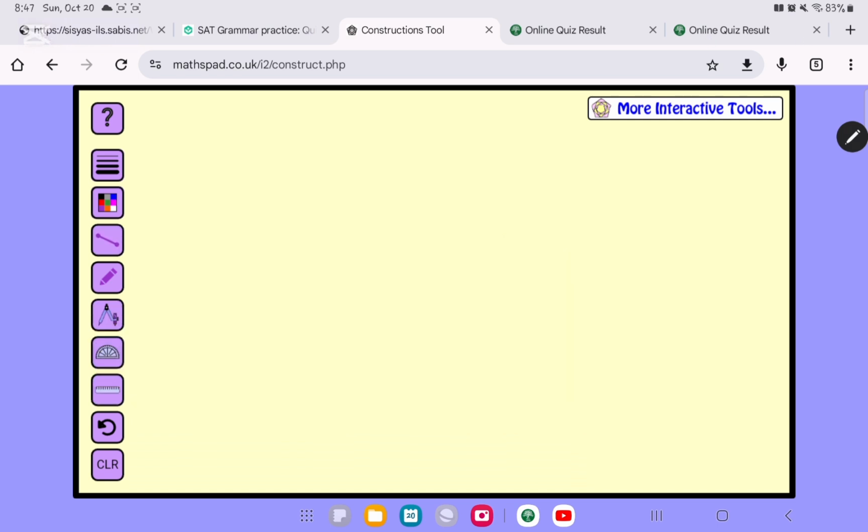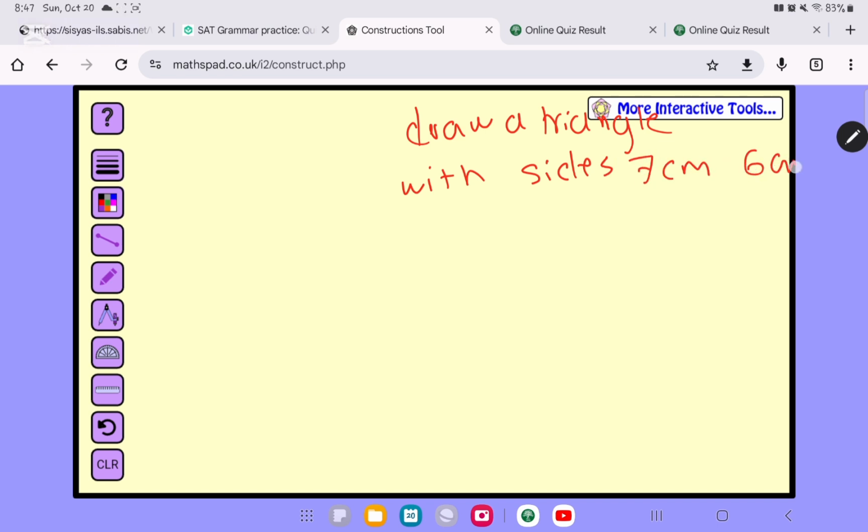Okay, so let's say in the exam they ask you to draw a triangle with sides 7 centimeters, 6 centimeters, and 5 centimeters, for example, without using a ruler, because the ruler will always get you mistaken.